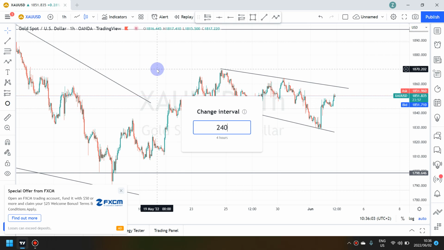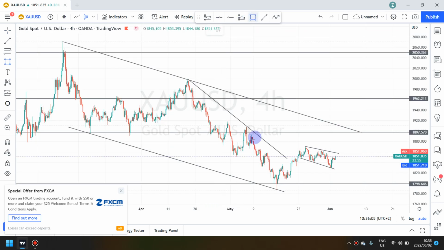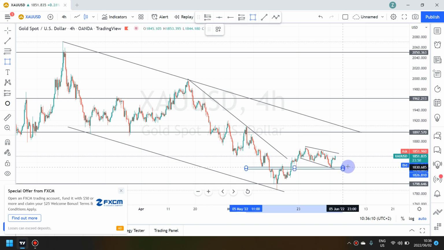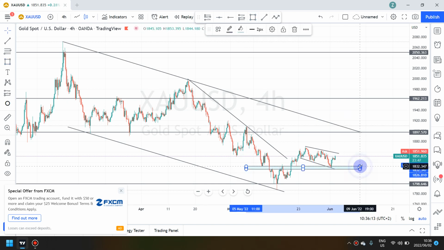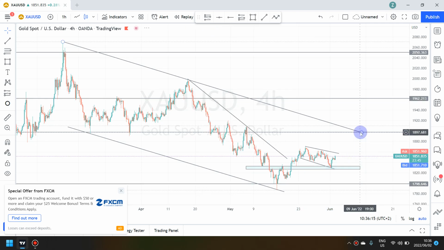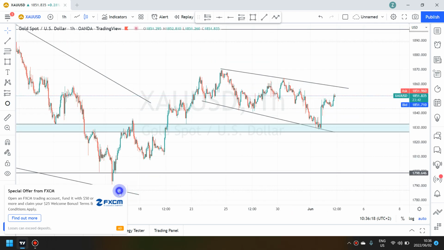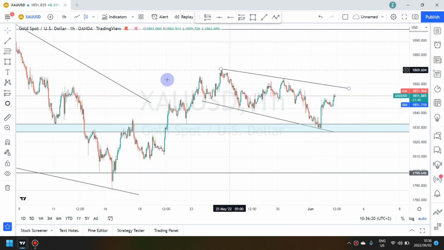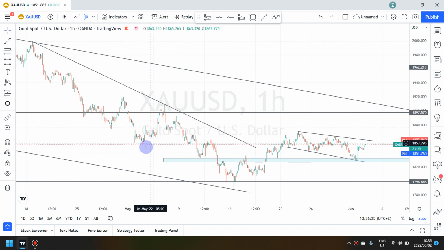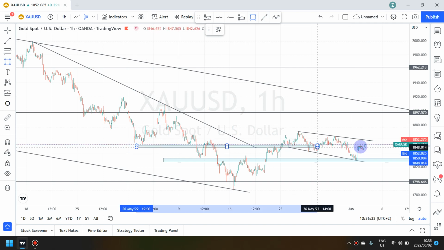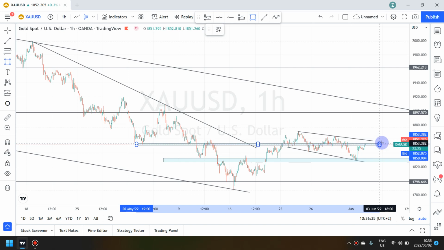So if I move to the higher time frame, there are some zones that I want to cater for. Okay, I also see this is my zone.